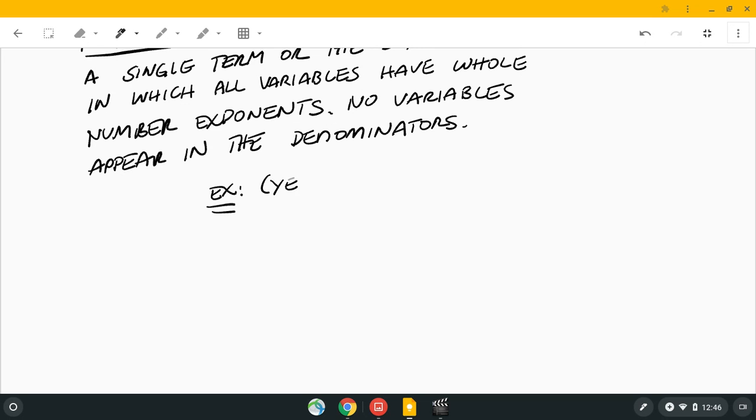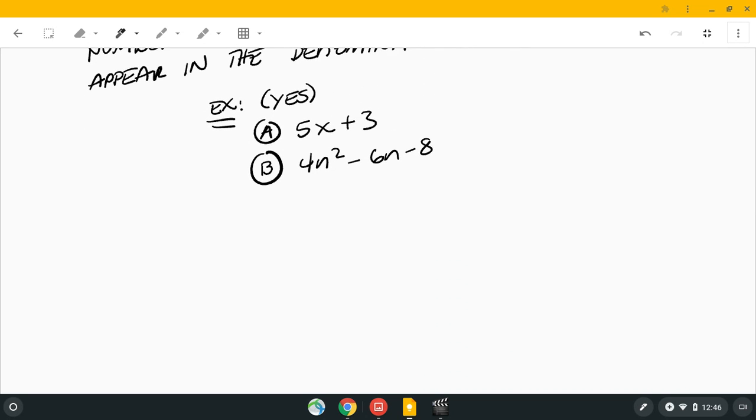These are examples of polynomials. You might have something like this, 5x plus 3. That's a polynomial. You might have 4n squared minus 6n minus 8. That's a polynomial. You might have p cubed plus 3p squared q plus 3pq squared plus q cubed.